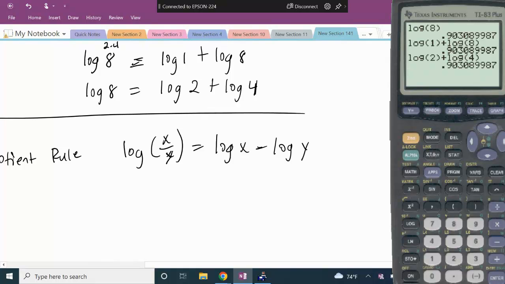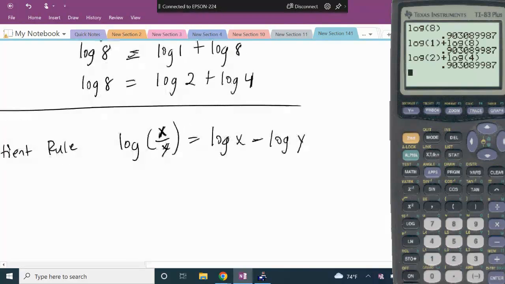So you could take a quotient and write it as a difference. Be specific that your numerator must go first, minus the log of your denominator.